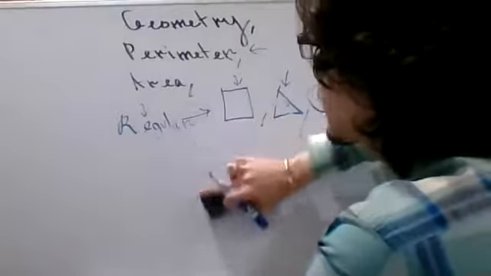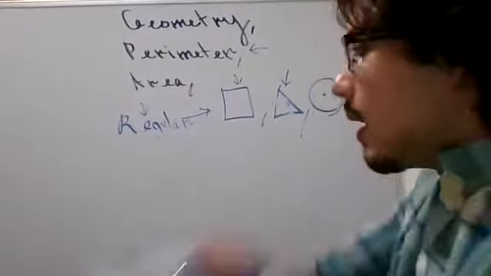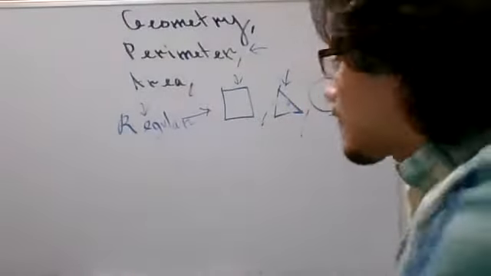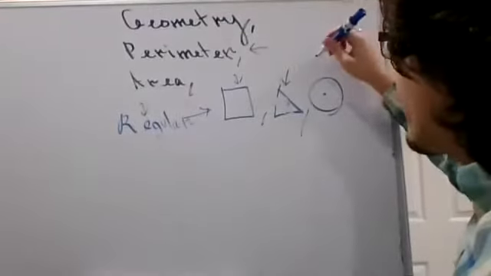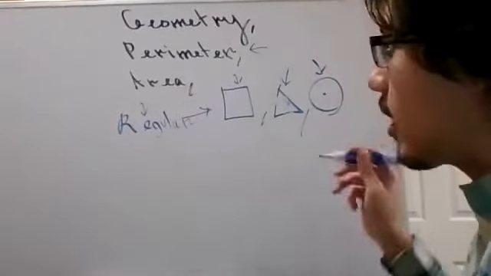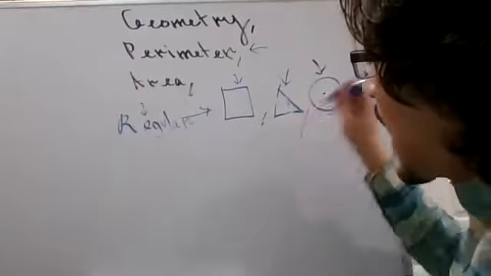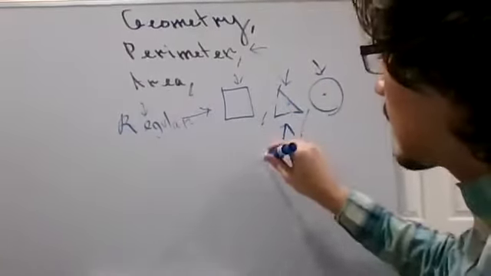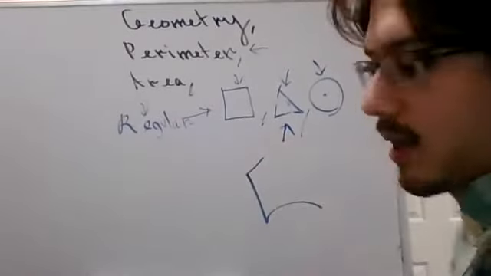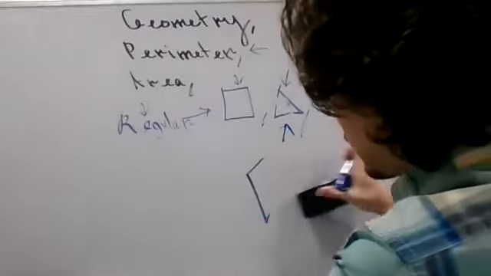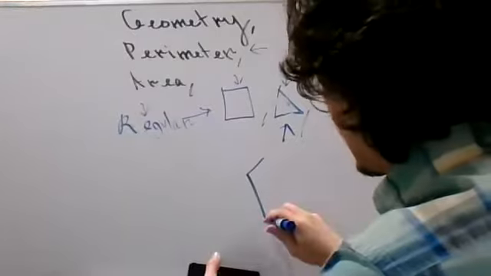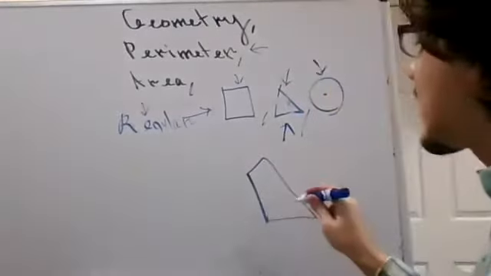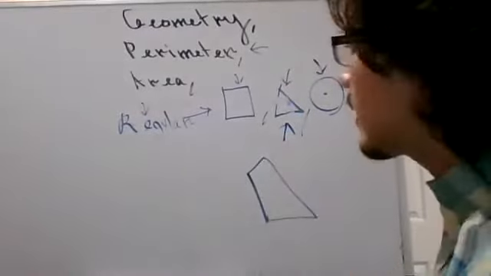One thing that we talked about before is that with all shapes, aside from the circle and curved objects, every single shape that only has flat sides, such as this, can be broken up into triangles.